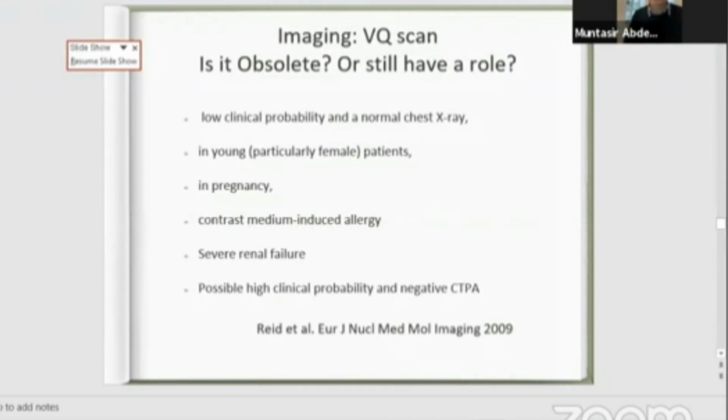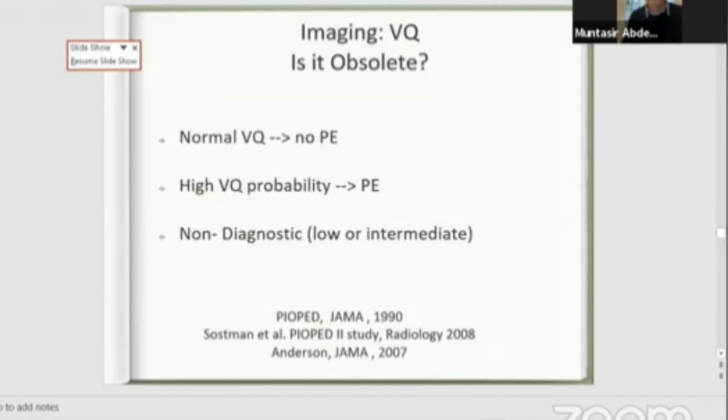Can we have the next slide? The problem with VQ scan is if it is normal, then we can confidently say that there is no PE. And if it is high VQ scan probability, then we can confidently say that you've got PE. The problem is when we have non-diagnostic tests, when we have low or intermediate VQ scan probability. In these cases, most of the time the VQ scan is not diagnostic, and we need further tests such as CTPA.